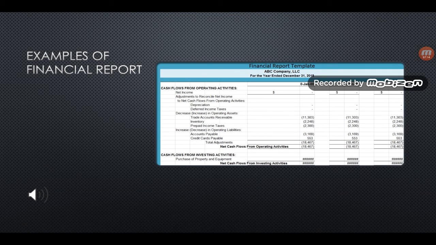This is a dumbed-down version of what a financial report should look like. Usually it's a lot longer. You need to put everything out on the table so that potential investors can say, okay, yes, I'm going to invest, or no, I'm not. So all a financial report is, is your evidence.